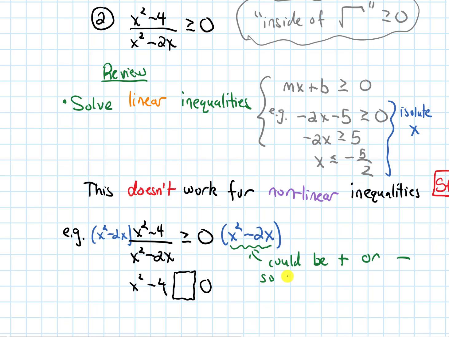So it's unclear whether to flip the inequality or not. So one of the ways that we could do this is consider the different cases, like when is x positive and when is x negative, and do the inequality individually for each of those cases, but it would be nice if there was a more efficient way, and that's what I want to show you.